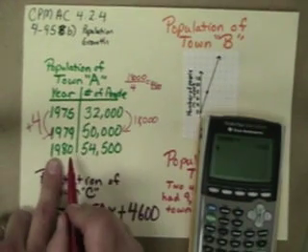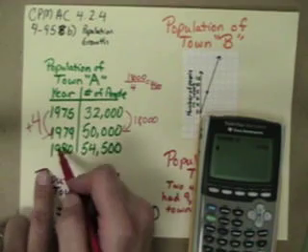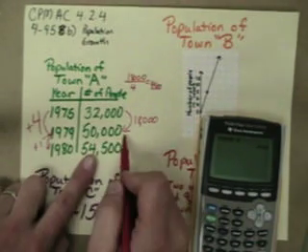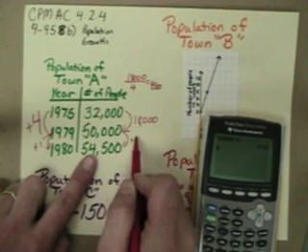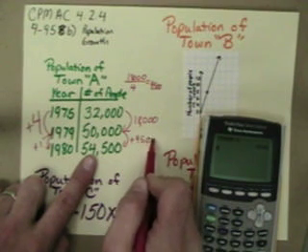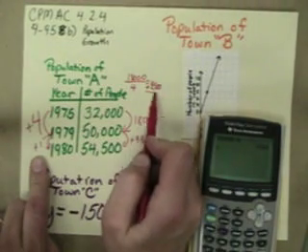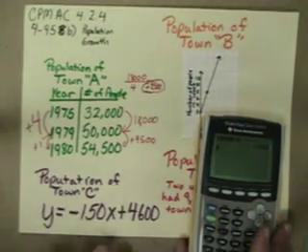Let's see if that happens the same here. Here it's just going up by 1, and I see once again that, yeah, that is going up by 4,500 in 1 year. So this town's growth rate is going up by 4,500.